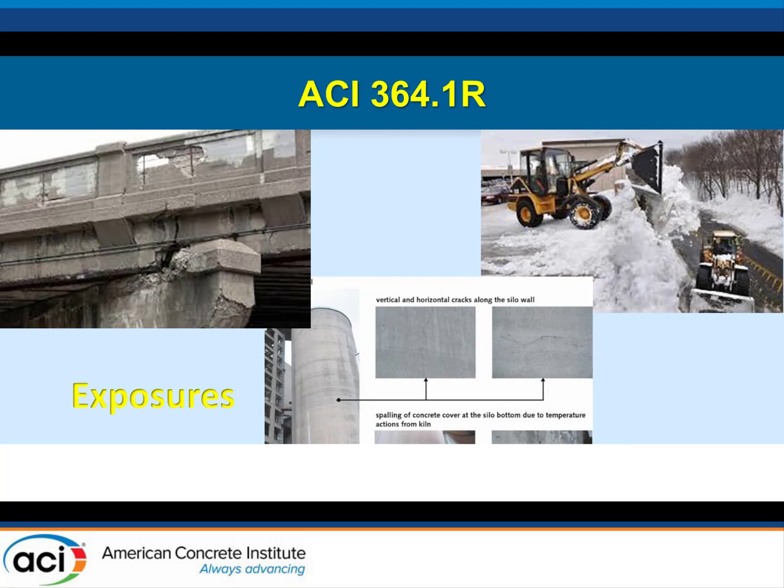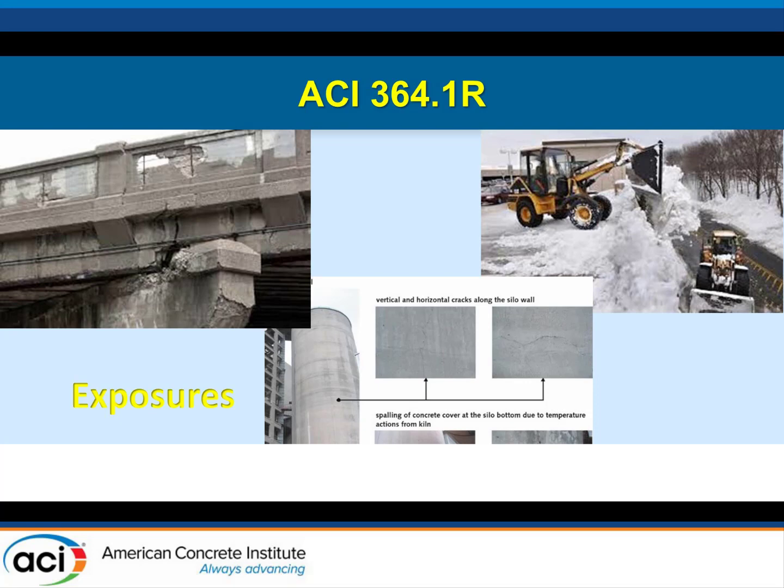And here's just some examples of some of the loading environments and the things that influence the concrete structures. On the upper left-hand side, something everybody's familiar with, an abutment and a concrete overpass where you see the severe exposure from de-icer chemicals, the repeated cycles of wetting and drying and freezing and thawing in a rather moist condition.